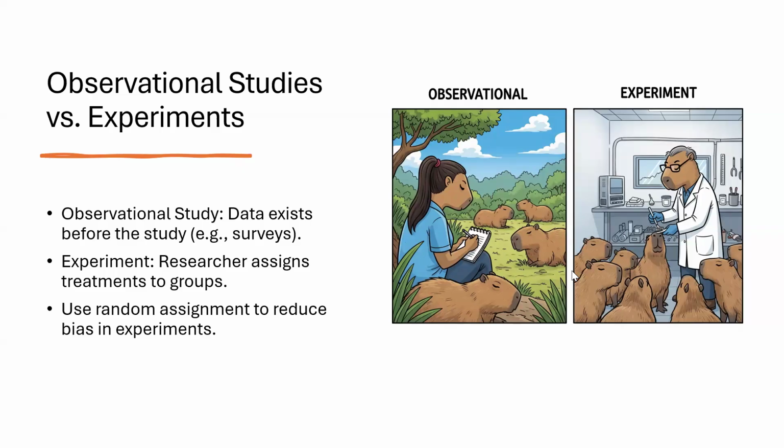Only experiments with random assignment allow us to infer cause and effect. We can observe this with a Marvel example. Observing Tony Stark's sleep patterns and productivity is observational. Randomly assigning Stark and Banner to two different sleep schedules and comparing performance, that would be an experiment.